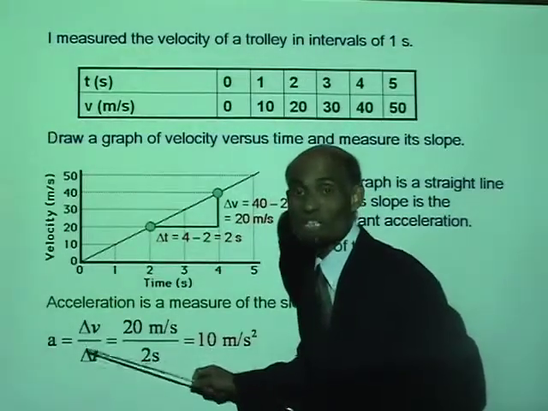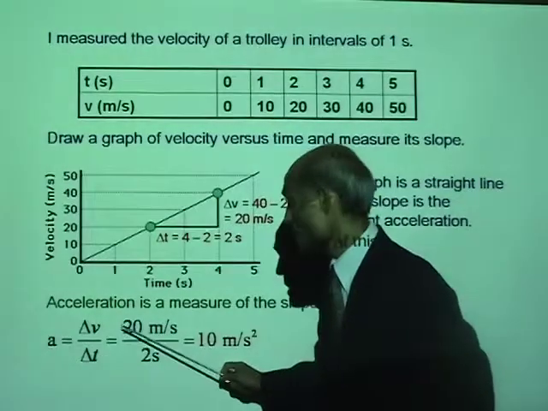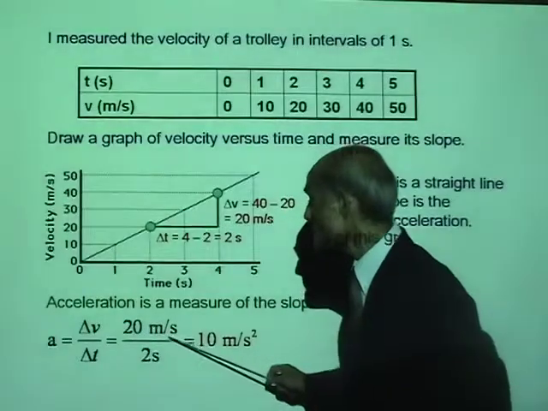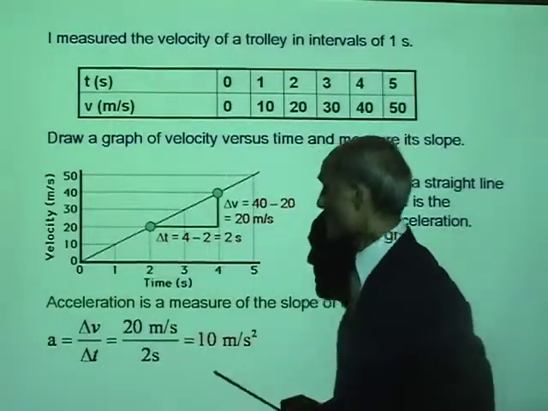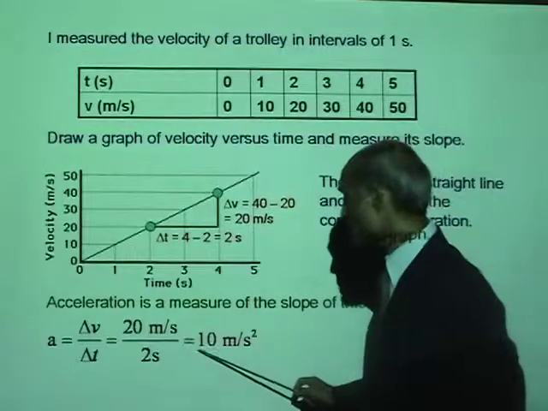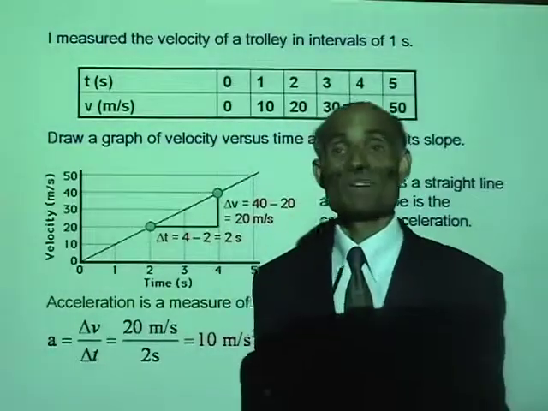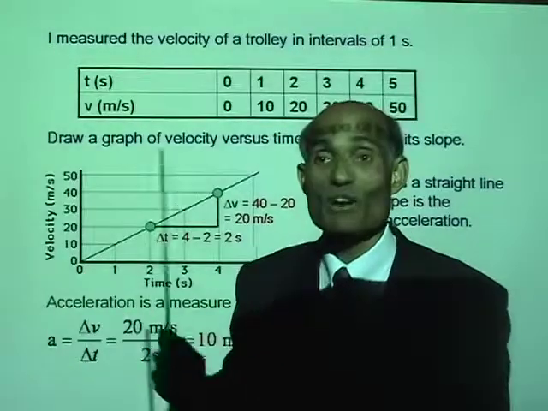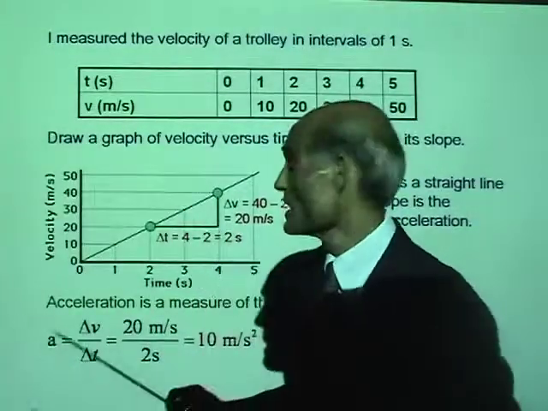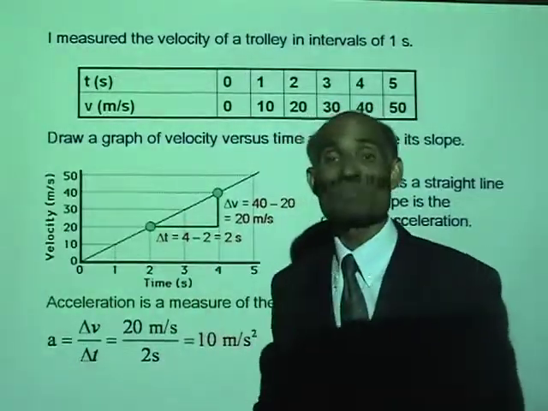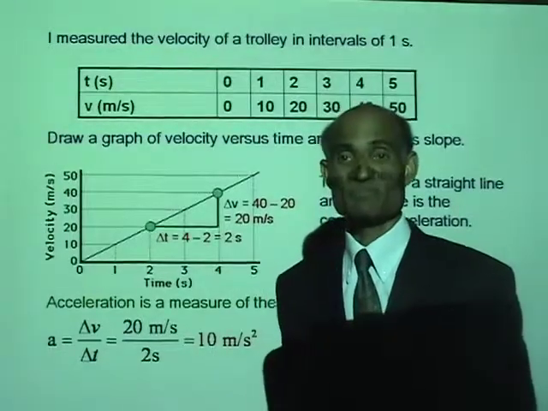Change in velocity divided by the change in time is 20 meters per second divided by 2 seconds, equal to 10 meters per second squared. The acceleration of the car I just experimented with is 10 meters per second squared.